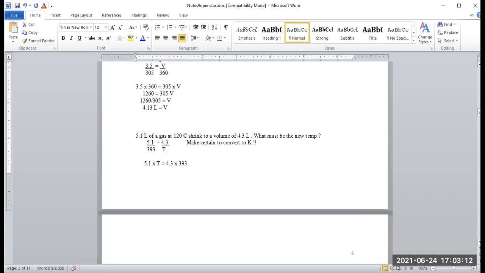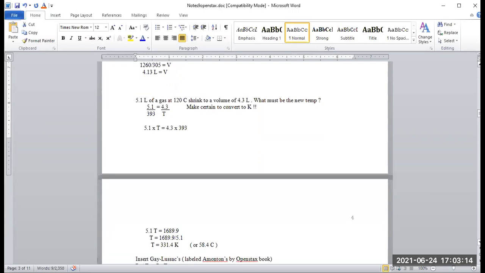Now, here's the other one that I gave you your initial information in terms of Celsius. So I've got 5.1 liters, but it's at 120 Celsius. And I want to shrink it down to 4.3 liters.